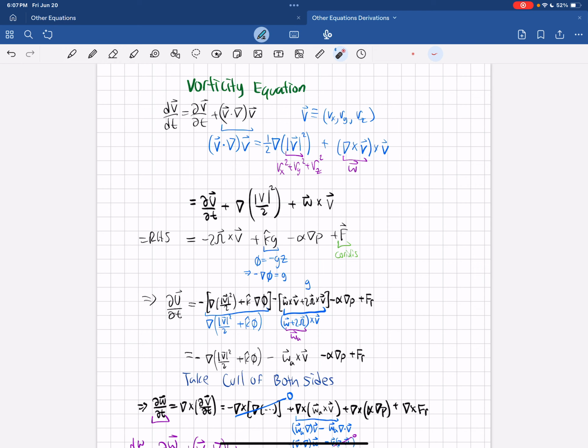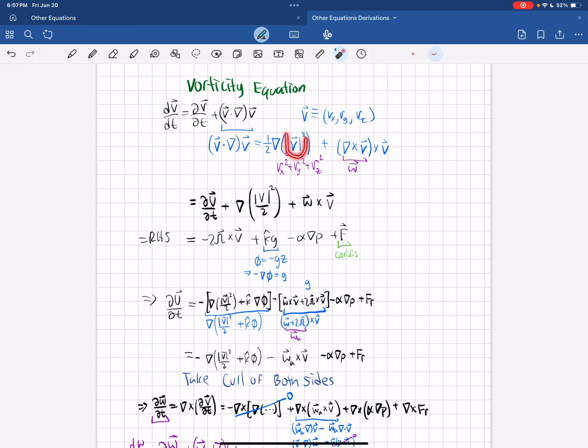There's actually a vector identity which says that the advection term is 1/2 the gradient of the magnitude of the v vector plus the curl of the velocity vector cross the velocity vector.